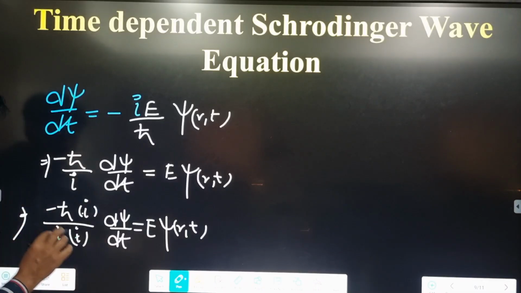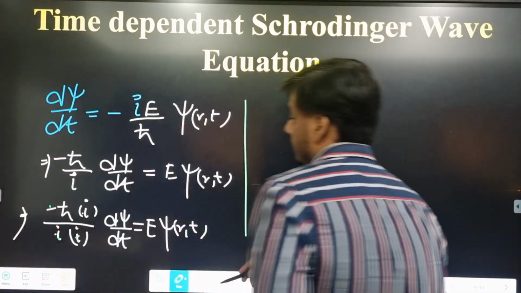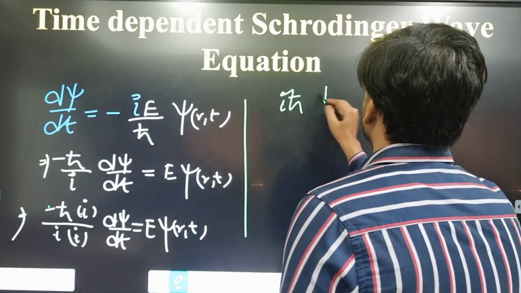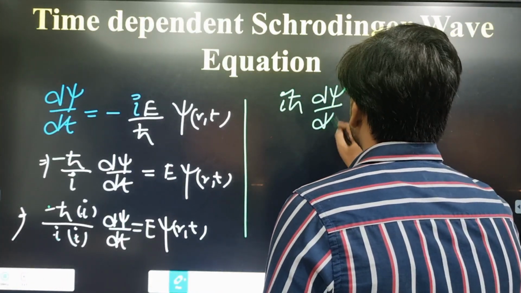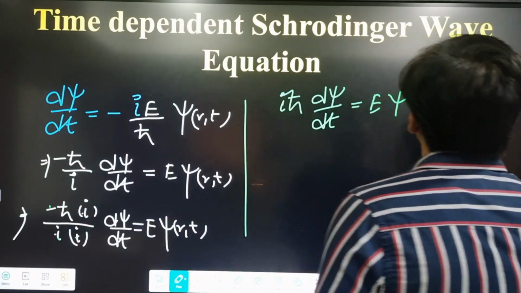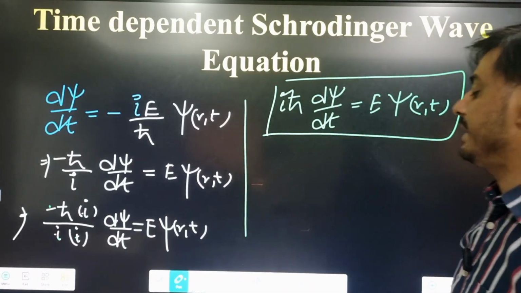I square is nothing but minus 1, and minus minus will be plus. So we can directly write i h cross d psi by dt equals E psi. This is another form we get for E psi.